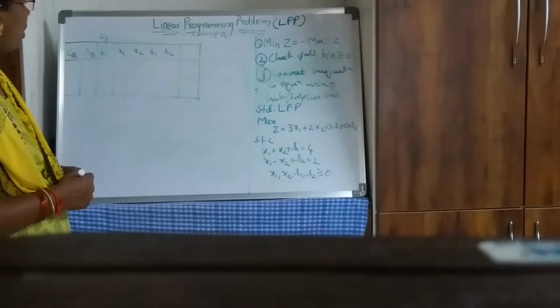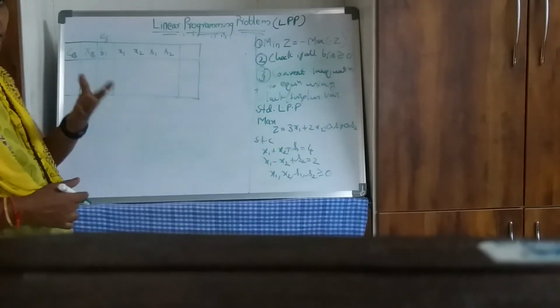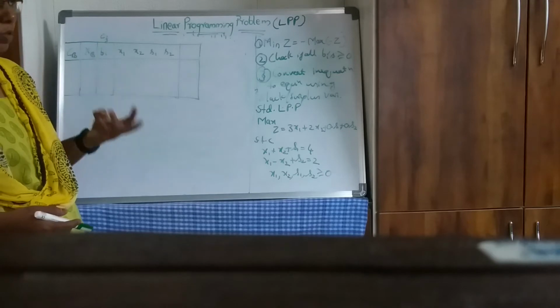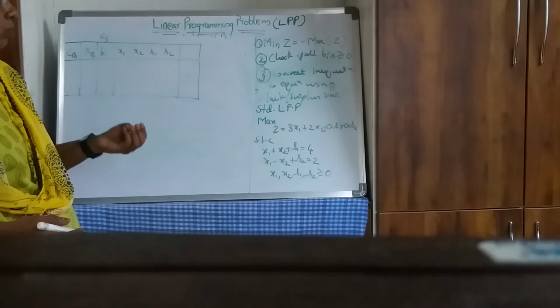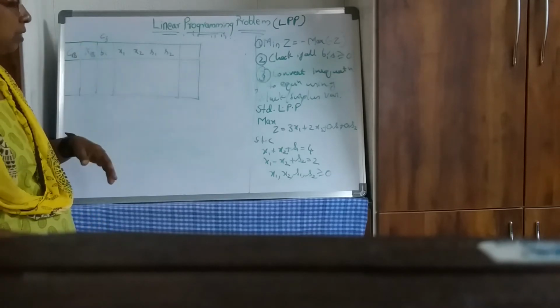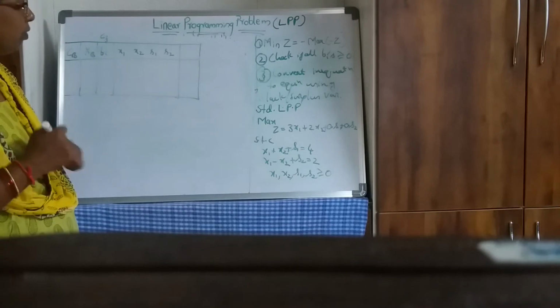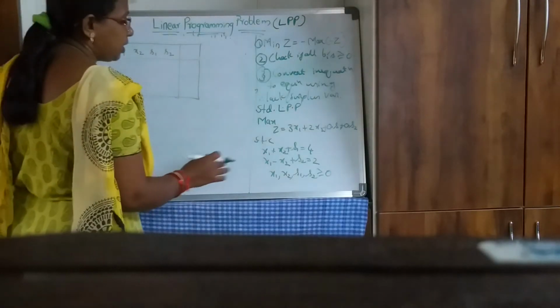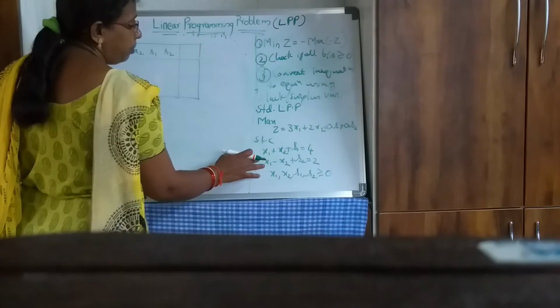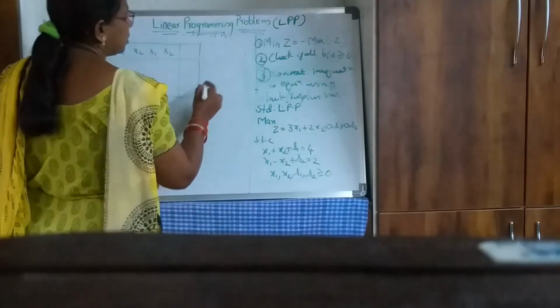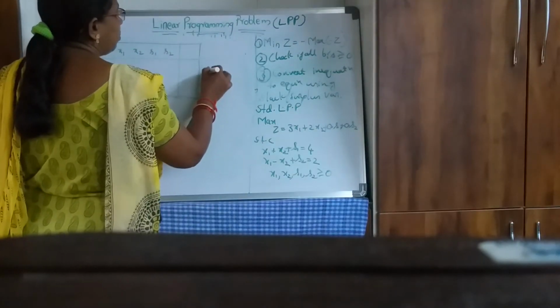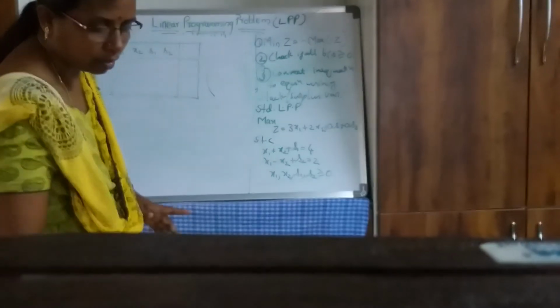Now how to decide which are the basic variables? I have 4 variables: x1, x2, s1 and s2. So which 2 variables should I write here? To decide that, an easy method is to form the matrix form of these constraints. So what is the matrix form of those constraints?